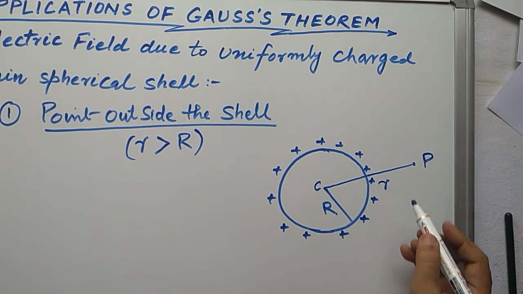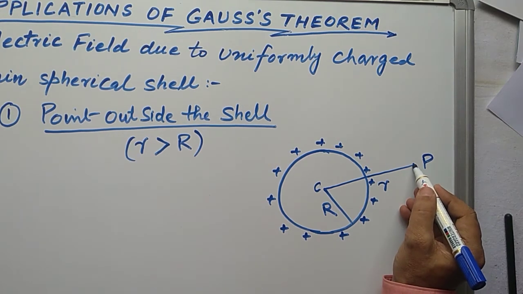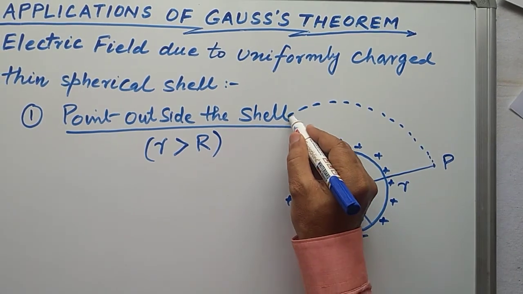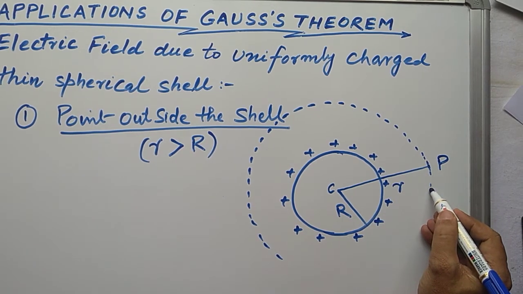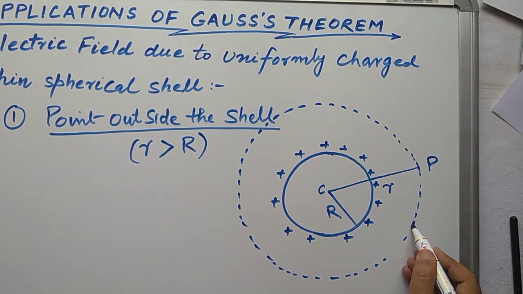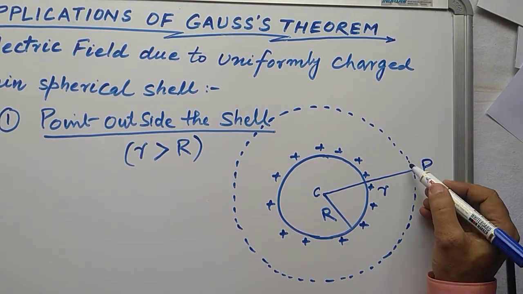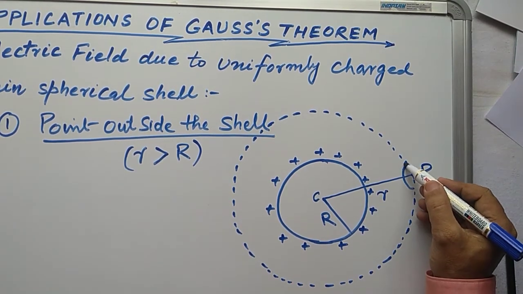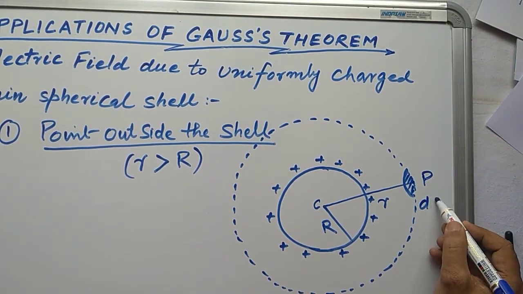Now, we will draw a Gaussian surface passing through point P. We take a small area element here, ds.